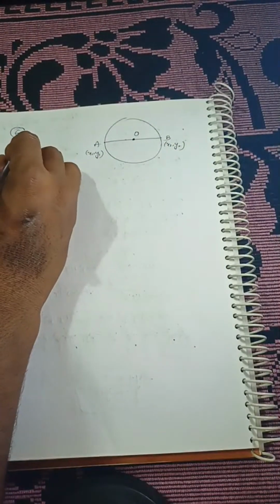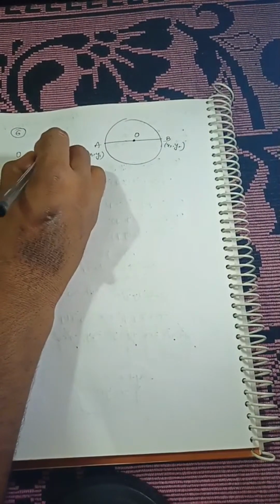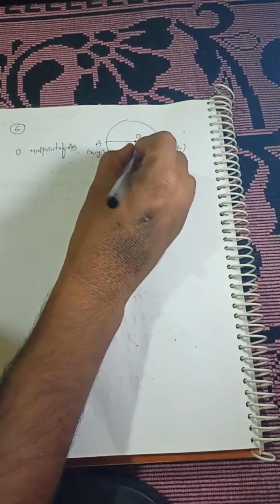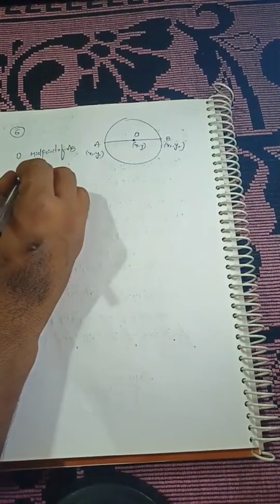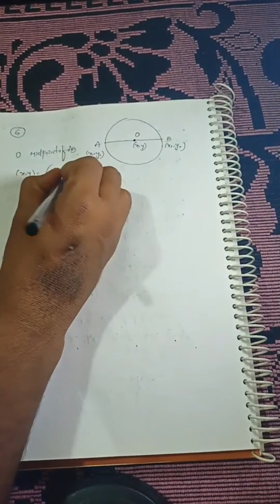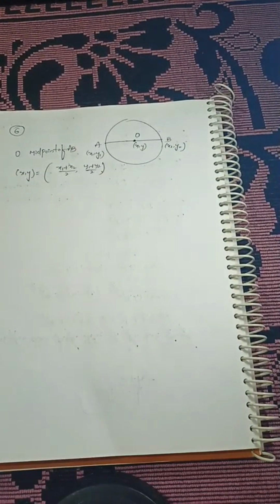What is meant by the center of the circle? O is the midpoint of AB. If you don't know the O point, you take it as x comma y, and you have to find it. How? x1 plus x2 by 2, y1 plus y2 by 2. Now what did the question ask? The ends of a diameter are given, we have to find the radius.